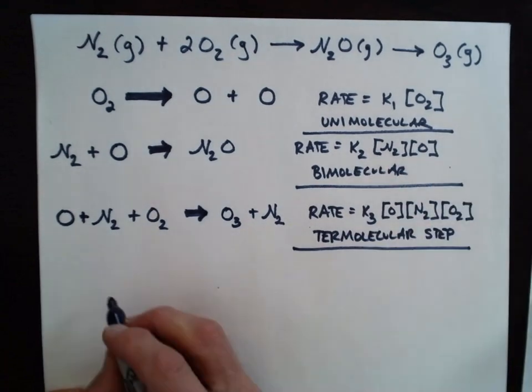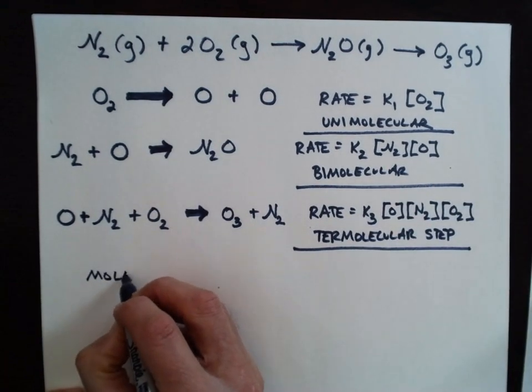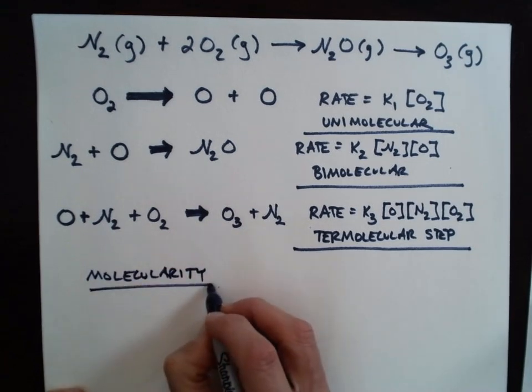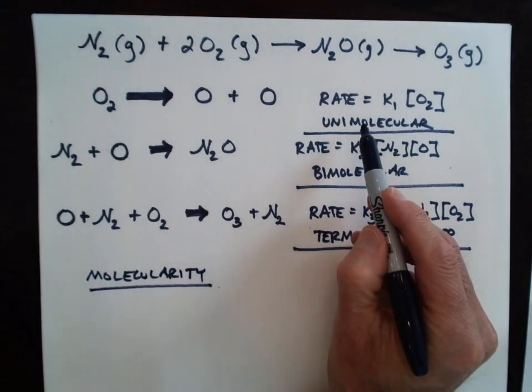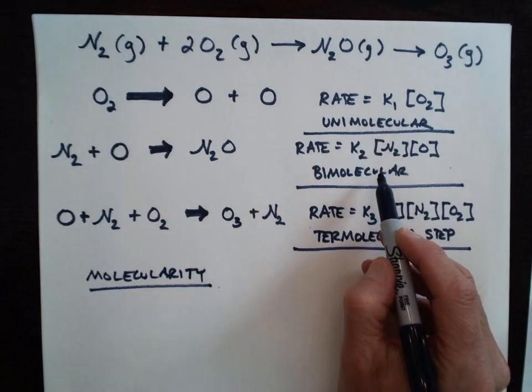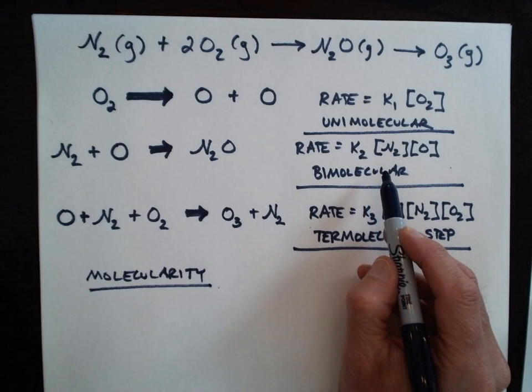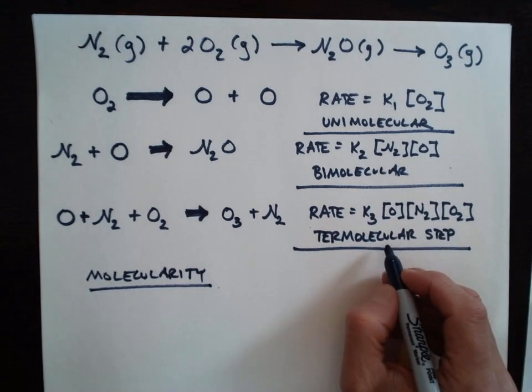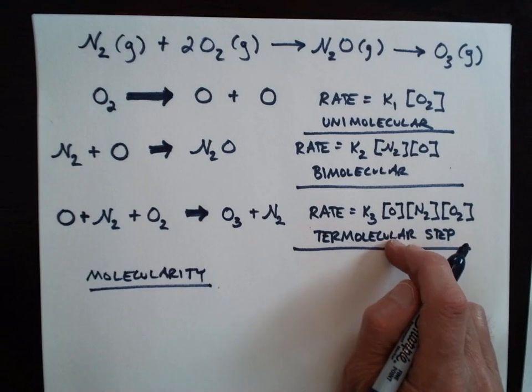These are called the molecularity of each step. So the molecularity of step 1 is unimolecular, where one thing collides. The molecularity of step 2 is bimolecular, where two things collide. And the molecularity of step 3 is termolecular, where three things collide, and these are rare.